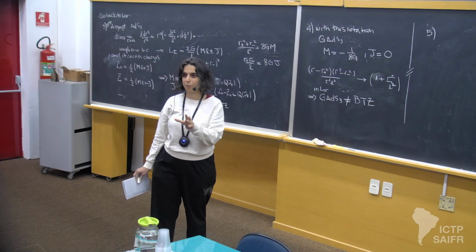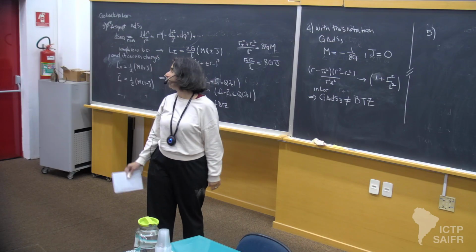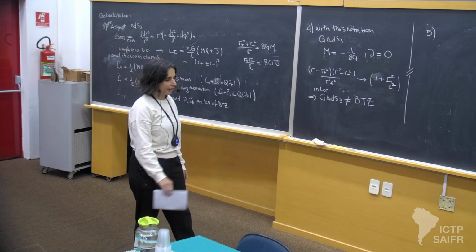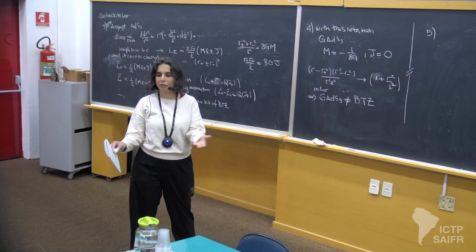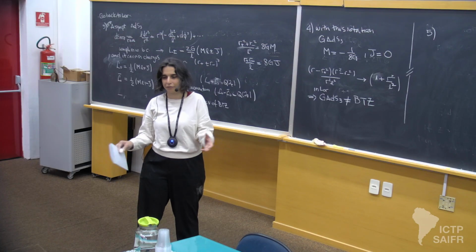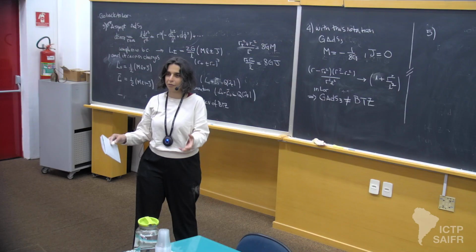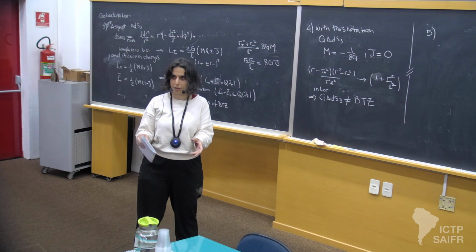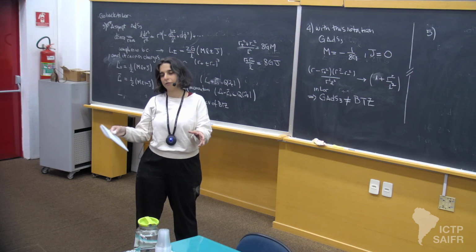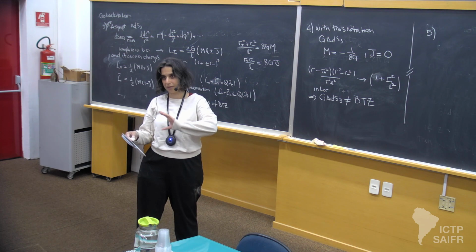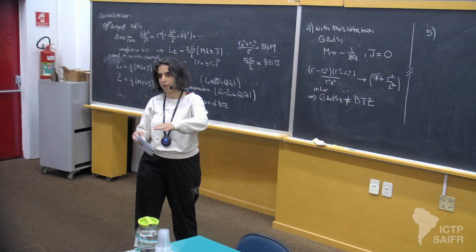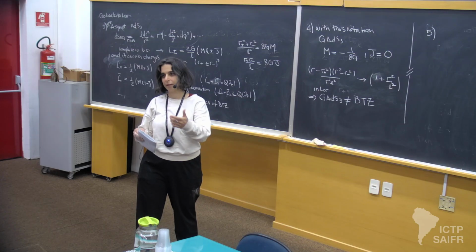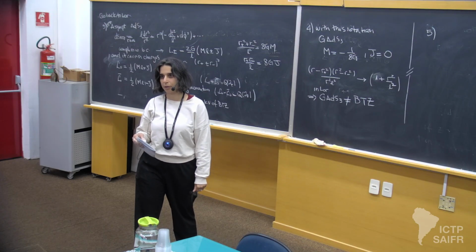I can also go to the Poincaré patch, but I'm running short on time. From the point of view of the CFT, it's basically going from the cylinder to the plane. So from the point of view of the bulk, the coordinate transformation that takes you from global AdS₃ to the Poincaré patch is equivalent, from the point of view of the boundary metric, to going from the cylinder boundary to the R² boundary. And that changes, even in the CFT, the notion of energy, because there's a Casimir energy associated to that transformation.